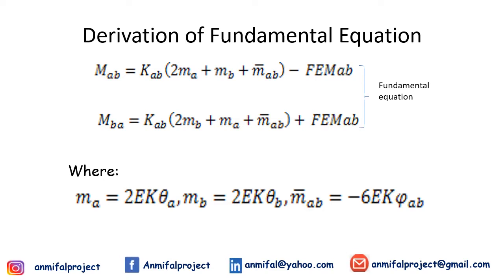For example, for evaluating the bending moment at the AB section, we can determine it by multiplying the stiffness of the section AB and two moment rotations at node A plus the moment rotation at node B plus the moment rotation of the section AB, then minus the fixed end moment AB. Minus or plus in front of the fixed end moment depends on the sign convention that you use.